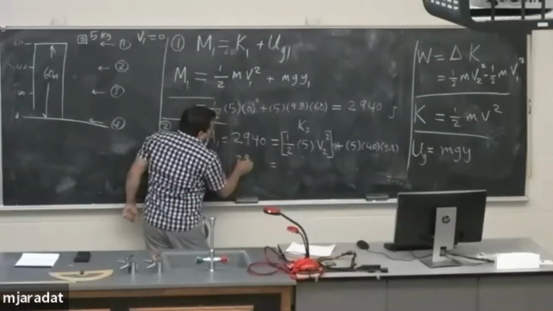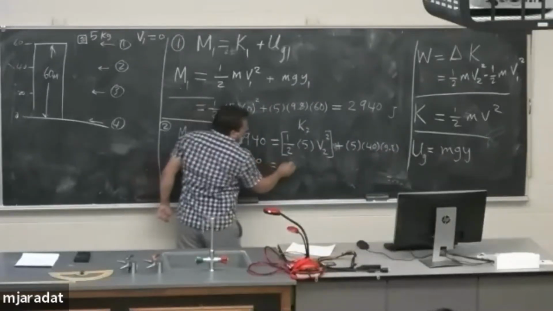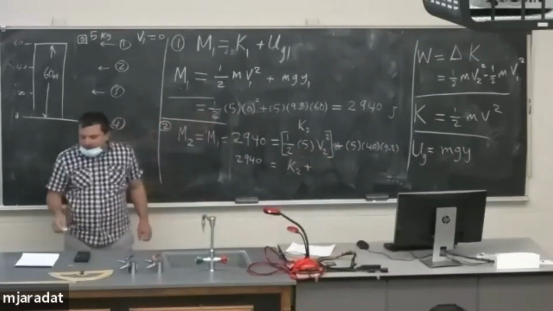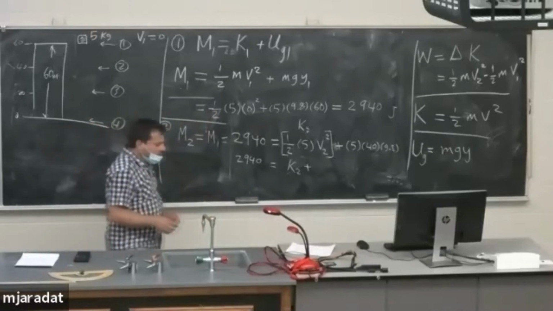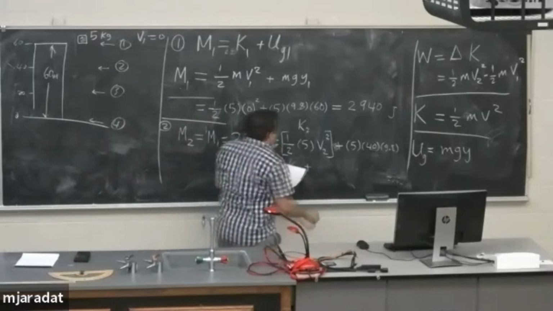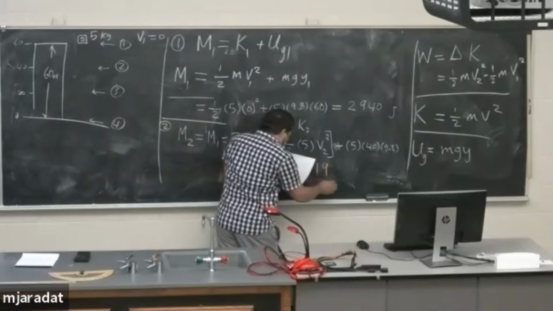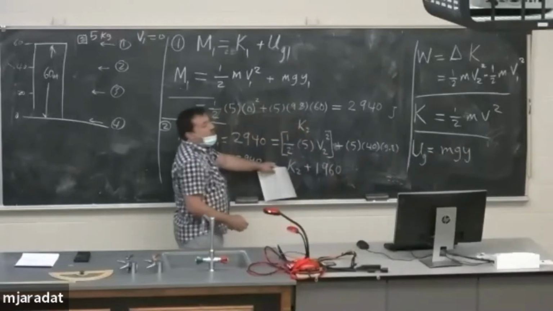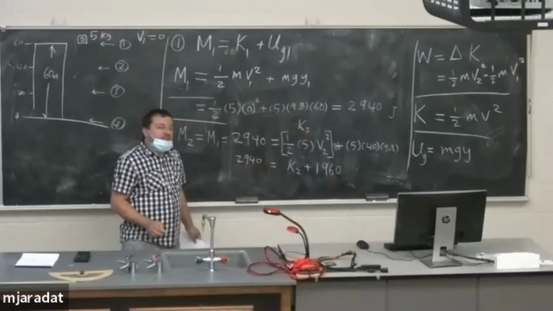So 2,940 is equal to the kinetic energy at point number 2 plus that number. At point number 2, the potential energy is 1,960 joules. What is the kinetic energy in this case?